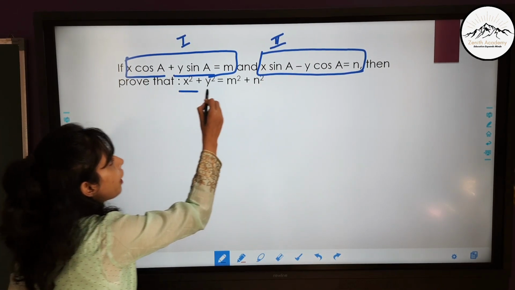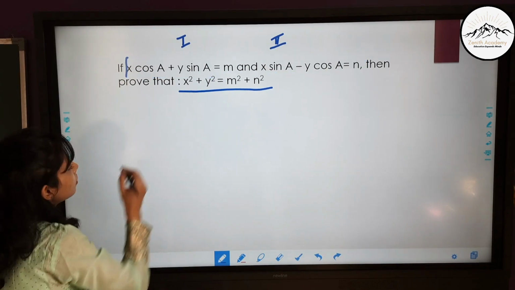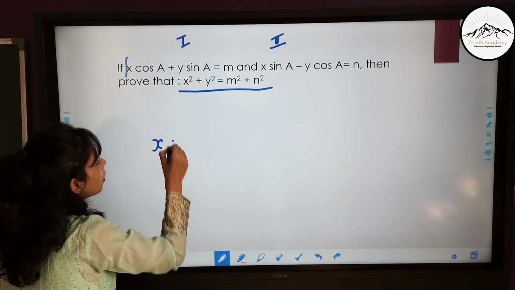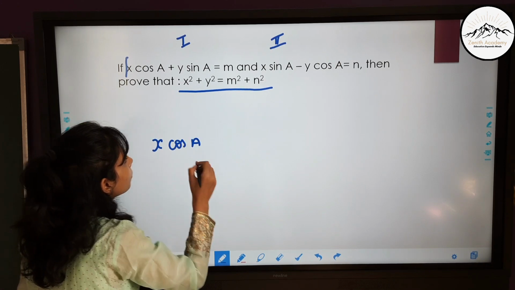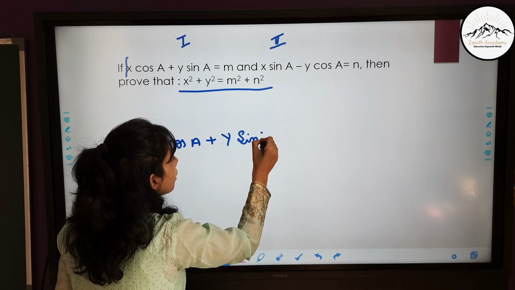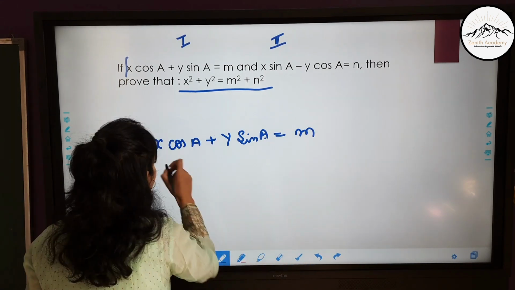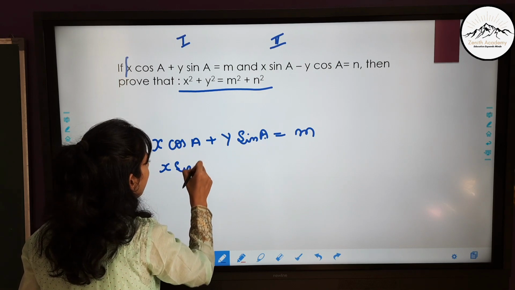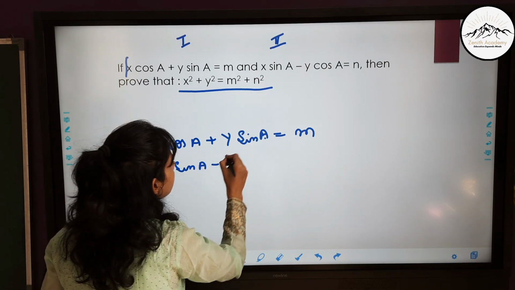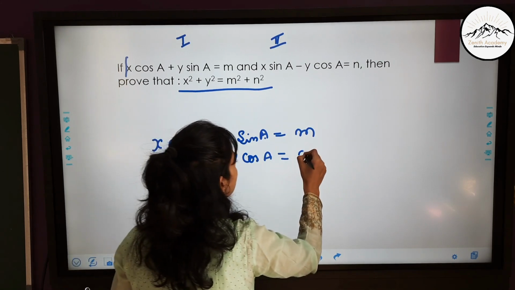So what we need to prove is x square plus y square is equal to m square plus n square. Let's first write these equations. x cos A plus y sin A is equal to m. x sin A minus y cos A is equal to n.